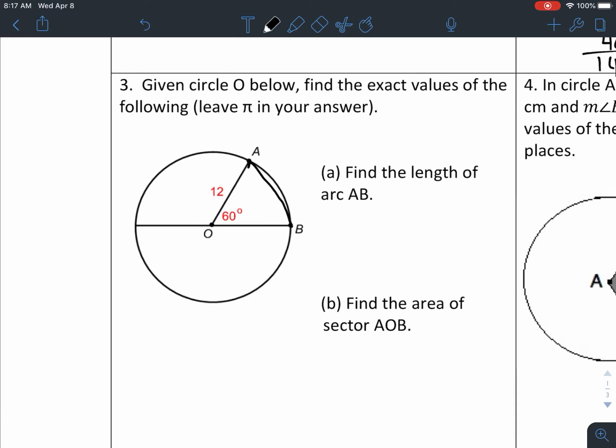Let's find the arc. Okay, there it is. So, when we are trying to find an arc measurement, let's see. I'm just checking to make sure I give you guys the right thing.